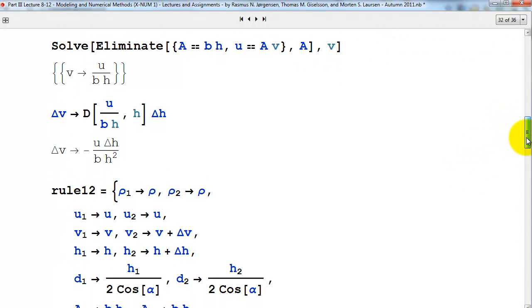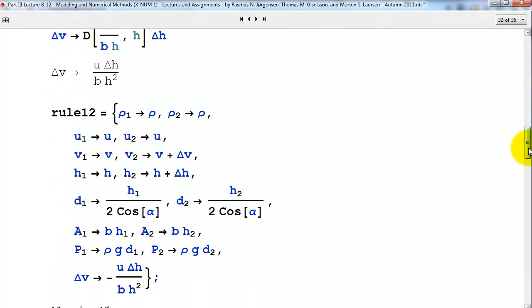So what we do now is we try to summarize all the rules for relations. That the density is constant, that's what's stated here. The volumetric flow entering and leaving is constant. The speed entering is v, and the speed leaving is v plus the change in speed, a small change in speed.